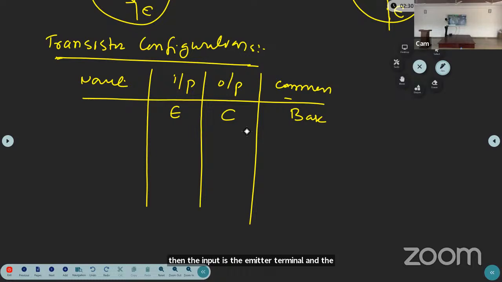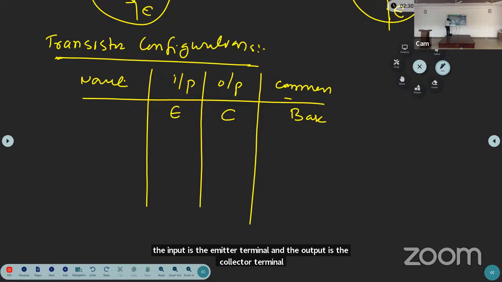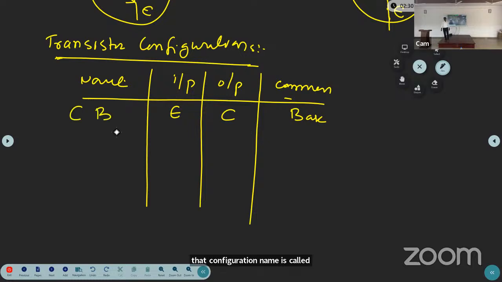That configuration name is called common base configuration. The full name CB stands for common base configuration. So the common terminal is the base, the input is the emitter and the output is the collector. Then that configuration is called common base configuration.